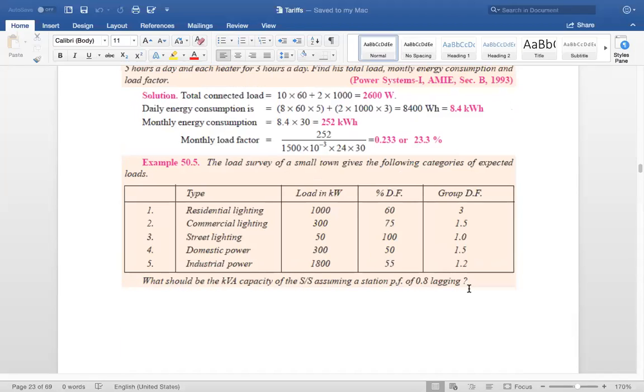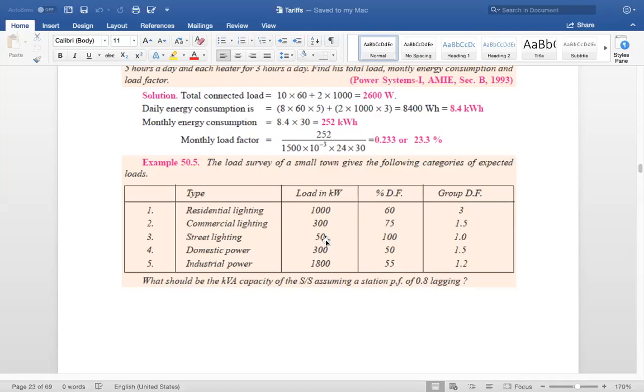Okay, and then example 5. The load survey of a small town gives the following categories of expected loads. Residential lighting, 1000 kilowatt, duty factor of 60%, and a group duty factor of 3. Commercial lighting, 300 kilowatt, duty factor 75, group factor 1.5.